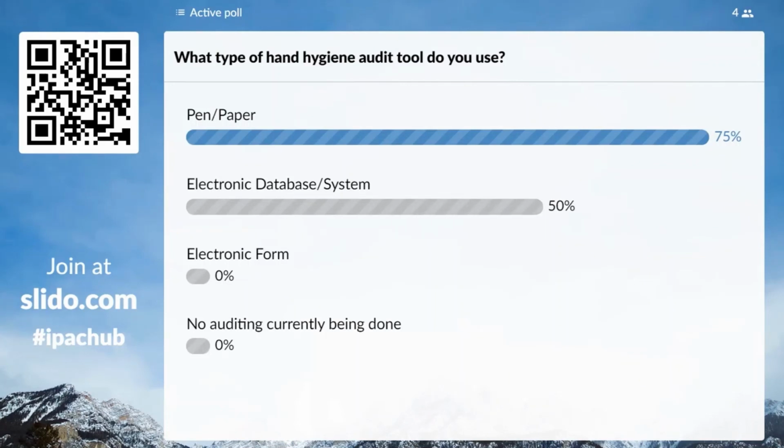Okay, so the majority of people are using a pen and paper system, but it looks like somebody has an electronic database or system, so that's great.